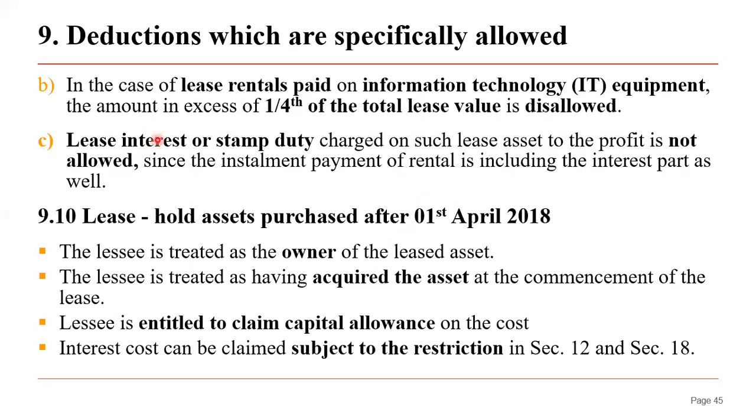Whatever lease interest, and if there are any stamp duty charges, then we have to disallow. Normally, as you are aware, the interest paid on lease we have to disallow. We are claiming lease allowance, right?